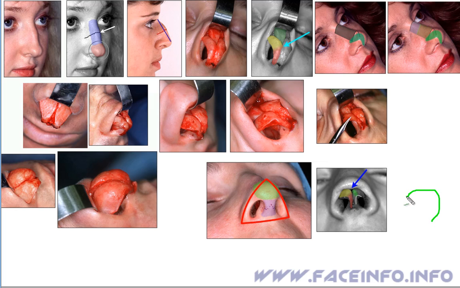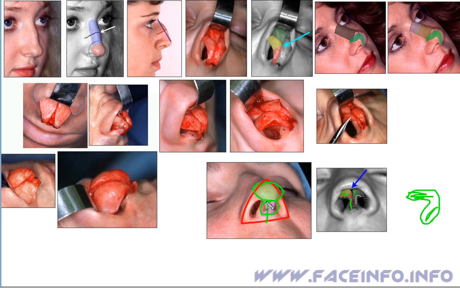So, each cartilage has the shape of a hook with two stalks, the external and the internal. The tip of the nose is the band between them, this spot. The lower stalk forms a columella, actually this small column.